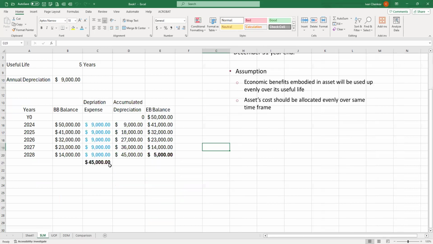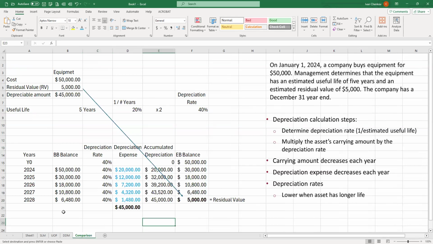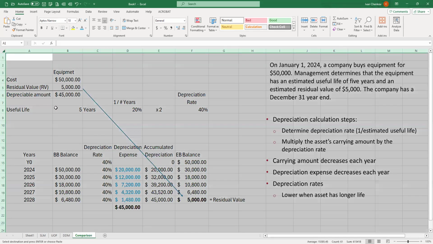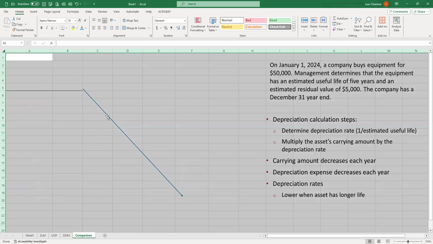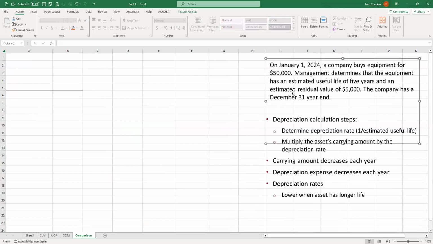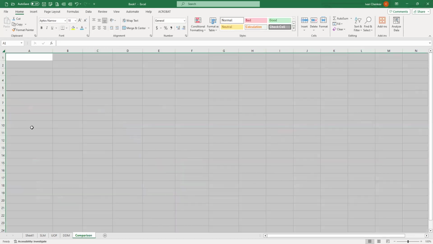So if you're using the straight line method, our depreciation expense will be here. I don't need any of those. And I don't need this, and I don't need this, and I don't need this.